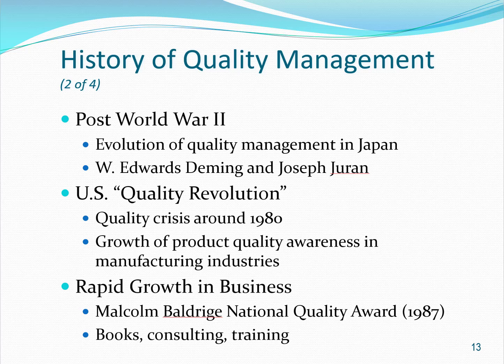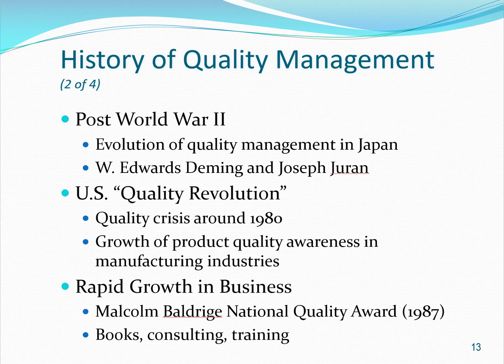Then we have the post-World War period, when the evolution of quality management in Japan started. Deming and Juran and their dealings with Japan essentially gave the Japanese the good reputation that they have for quality management.